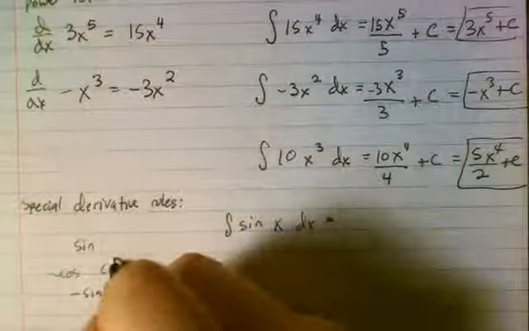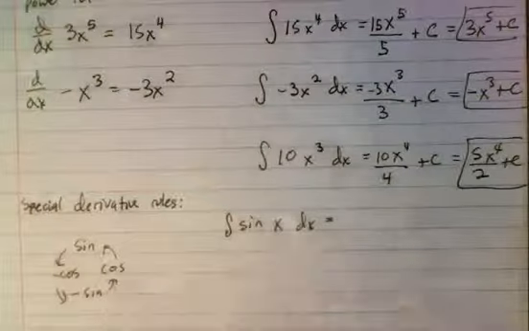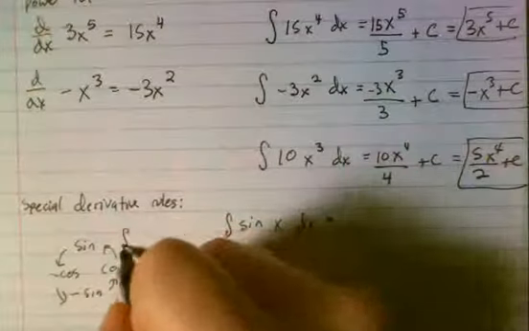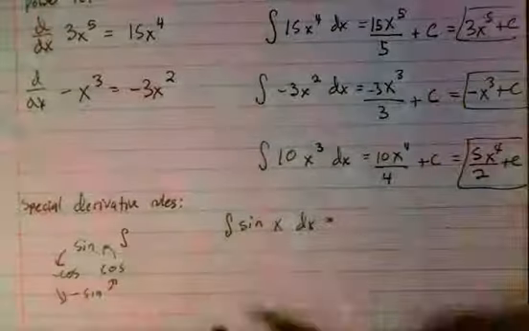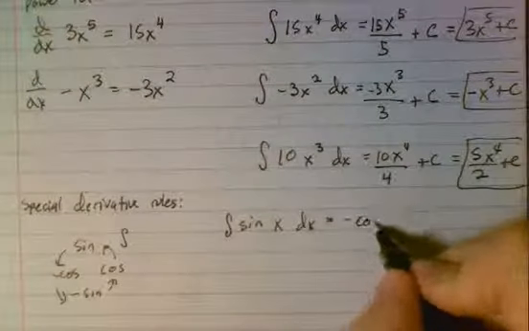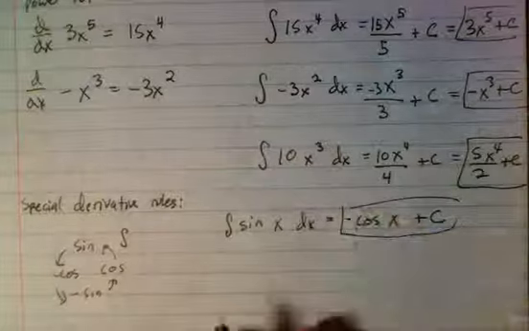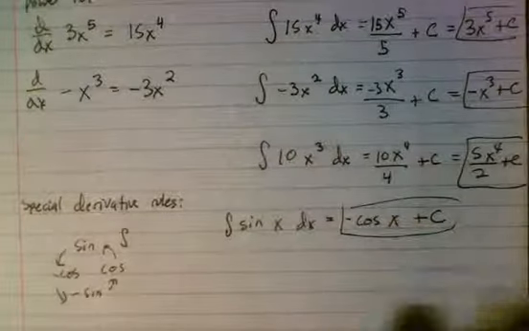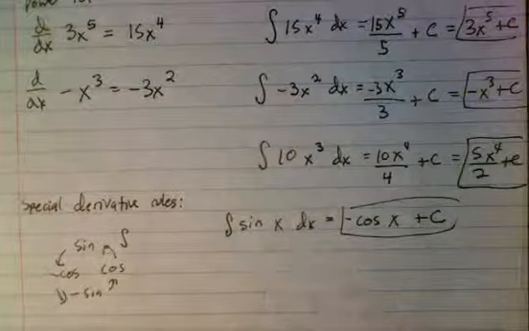Except now for the antiderivatives, we're going counterclockwise. So I go to sine, I see it goes to negative cosine, so this is negative cosine of x plus c. Again, this is one where if you memorize it, it's really straightforward. If you don't memorize, you're completely toast. So make sure you memorize it.